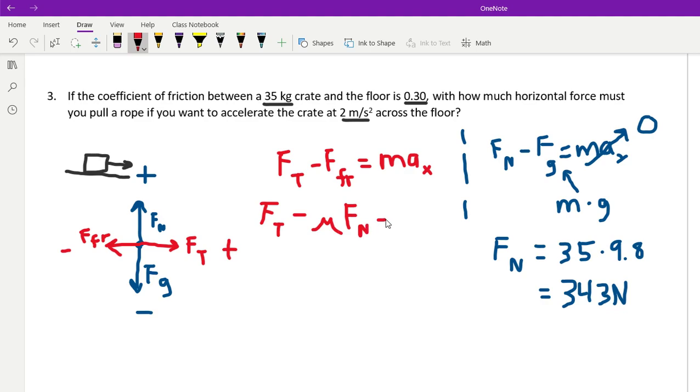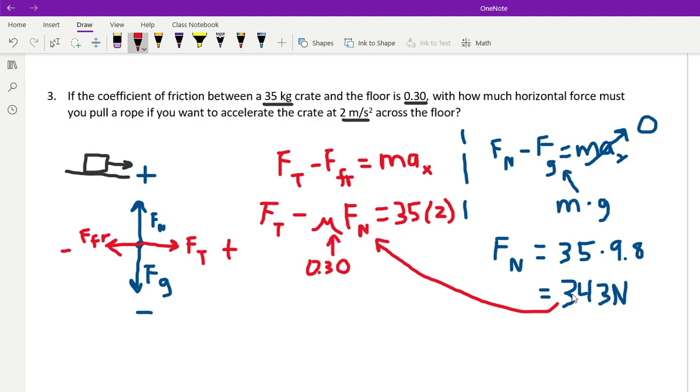So mu Fn equals m a_x, and m is 35, and a_x is our 2 meters per second squared. Mu is going to be plugged in as 0.3, our given coefficient of friction. And then the normal force, I'm going to plug in from the earlier result. That's going to go in here.